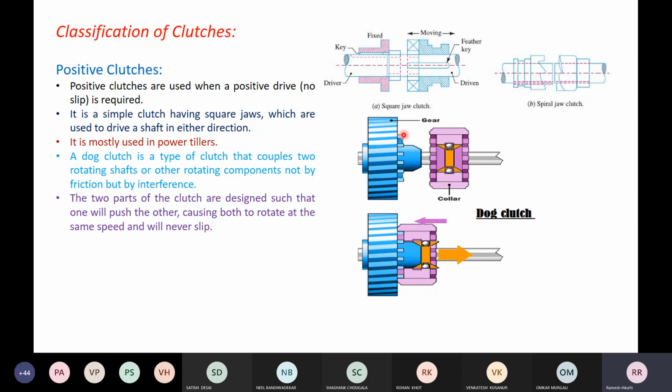As you can see, it is locked and will not slip. That's why it is called a positive drive. Here at the top I have shown the square jaw clutch, and one more is a spiral jaw clutch. This is about the positive clutches.